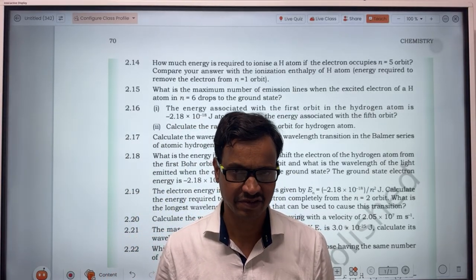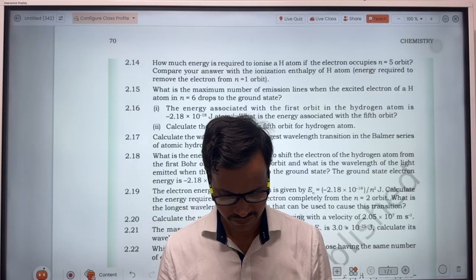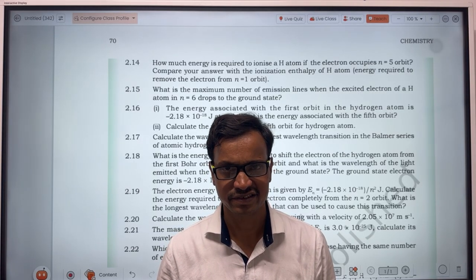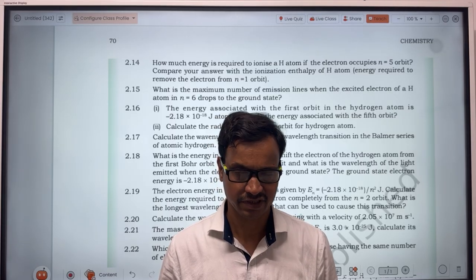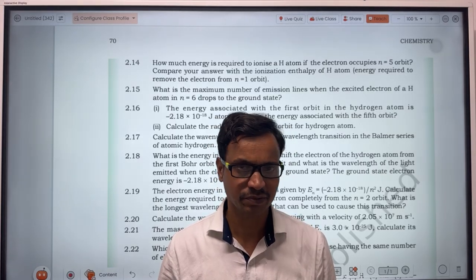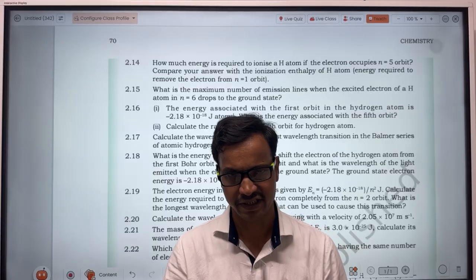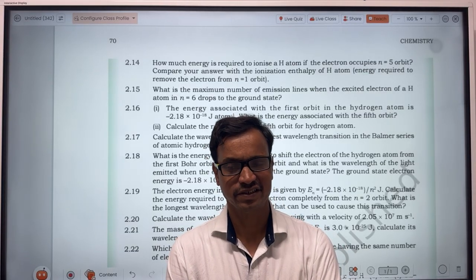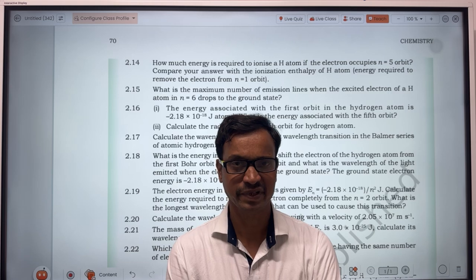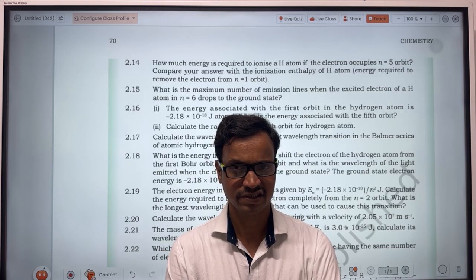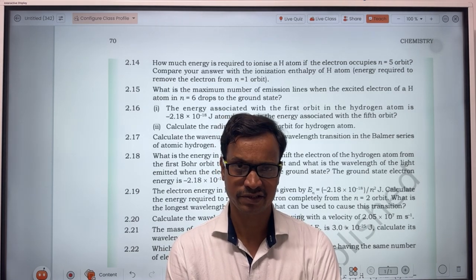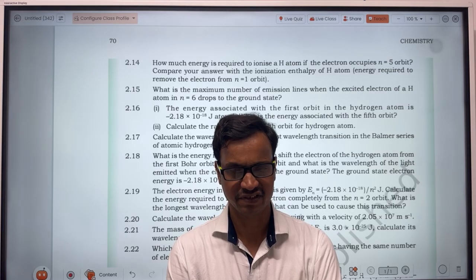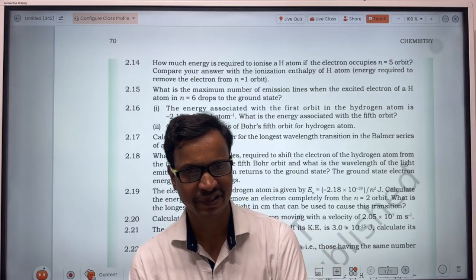When the hydrogen electron revolves in the first shell, what will its energy be? When the electron jumps to the infinite shell, n equal to infinity, it is 0. So we compare the ionization enthalpy as the energy of the electron when it is in the first shell.